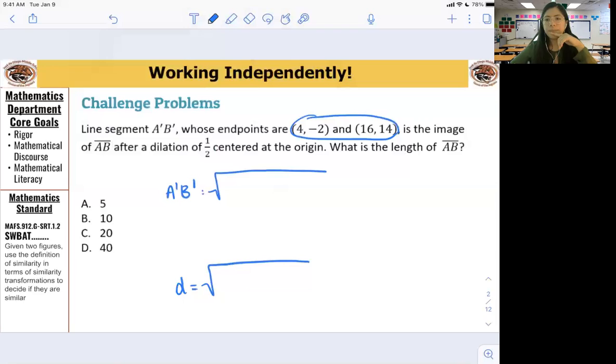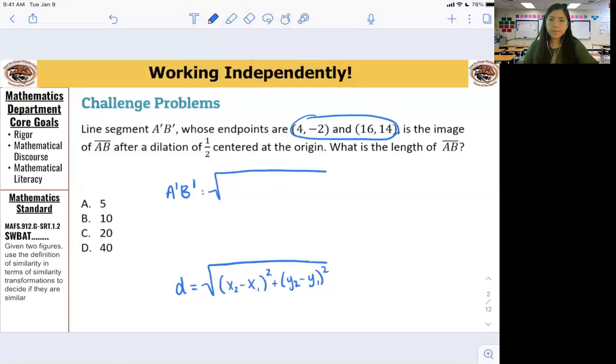Tyrone, go ahead. It starts with x2 minus x1 squared plus y2 minus y1 squared. Good, you got it.